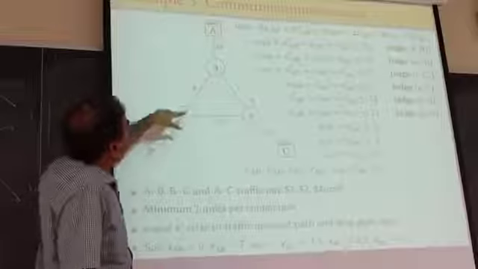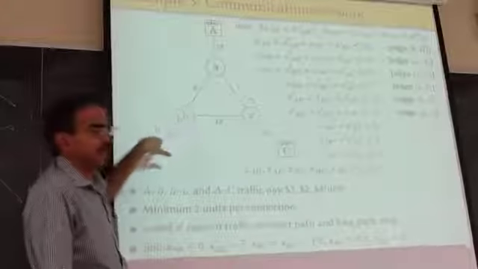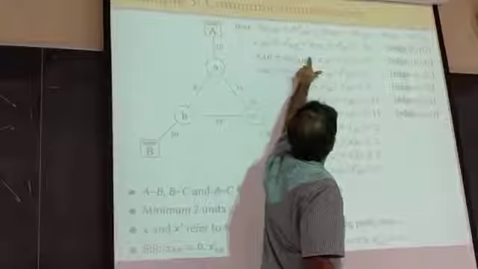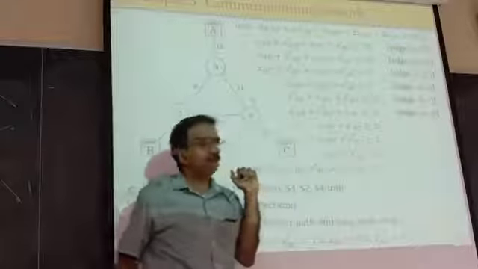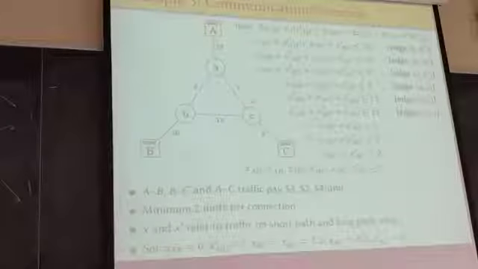In addition, the traffic that's coming to B is either coming from A or C, so that's why we have XAB plus X prime AB plus XBC plus X prime BC. The whole thing is less than or equal to 10, because all of that needs to go through this link, which has a bandwidth of 10.